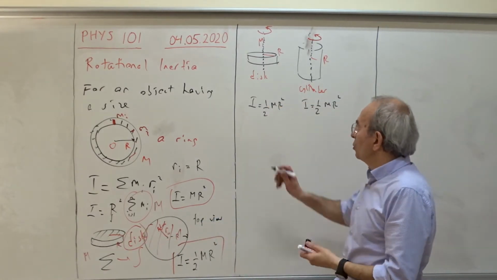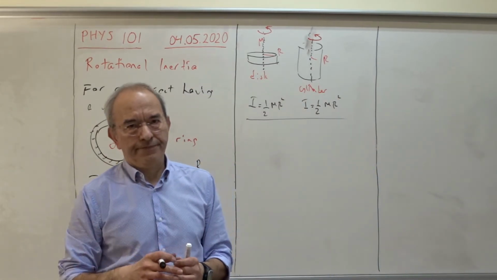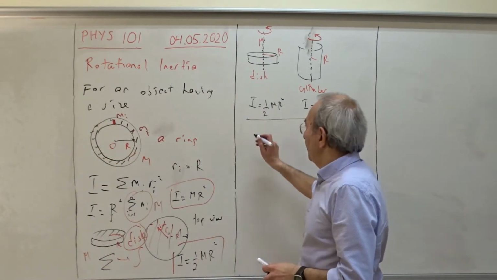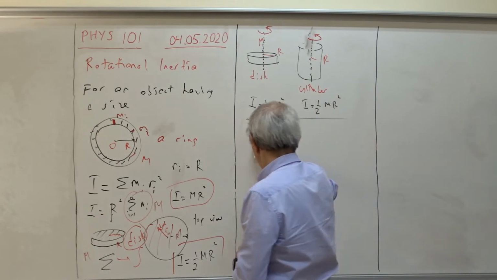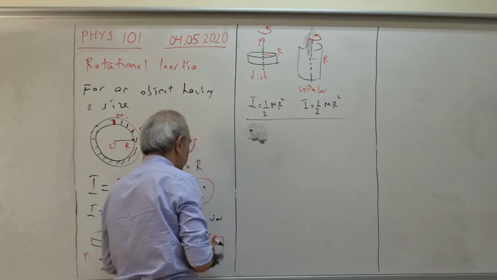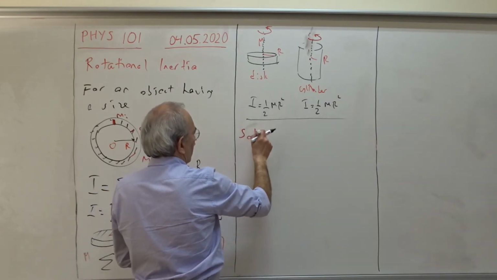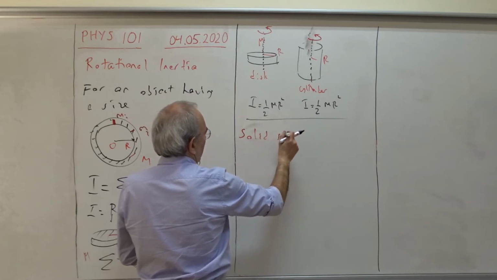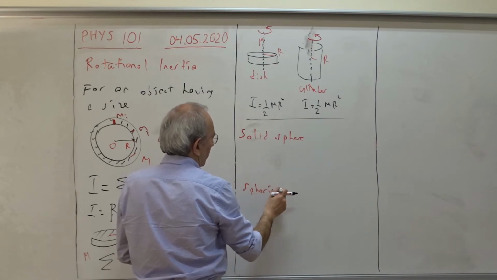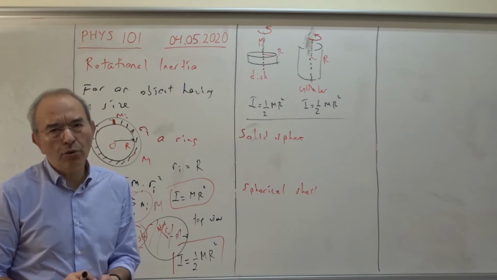So let's also consider another important thing, which is the sphere. Maybe a solid sphere, maybe a spherical shell. A spherical shell is like a ball, a basketball.